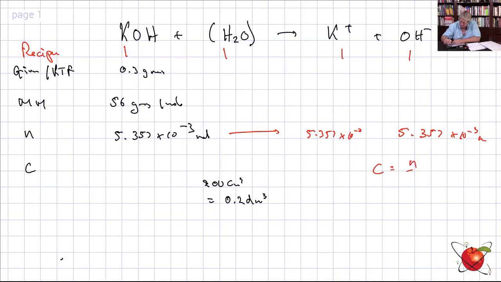Now the reason here is we're not working with an acid, we're working with the base. So we know we're still going to be looking for the OH bit, okay? Let's just get the concentration of the OH. So now the concentration is equal to N over V, which is 5.357 times 10 to the minus 3 divided by 0.2, and that gives us a concentration, if my maths is right, of 0.02678 moles per cubic decimeter.